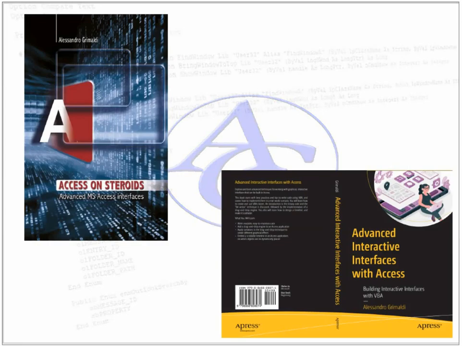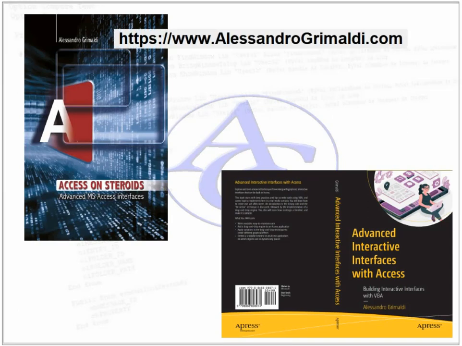Even if the layout is different and the title is different, the content is absolutely the same. You can find the first version on my website, including all the necessary code, fully commented, or you can buy the second version on the Apress website, but I'm not sure if you will be able to easily download the code. The price should be the same, so choose what you prefer.